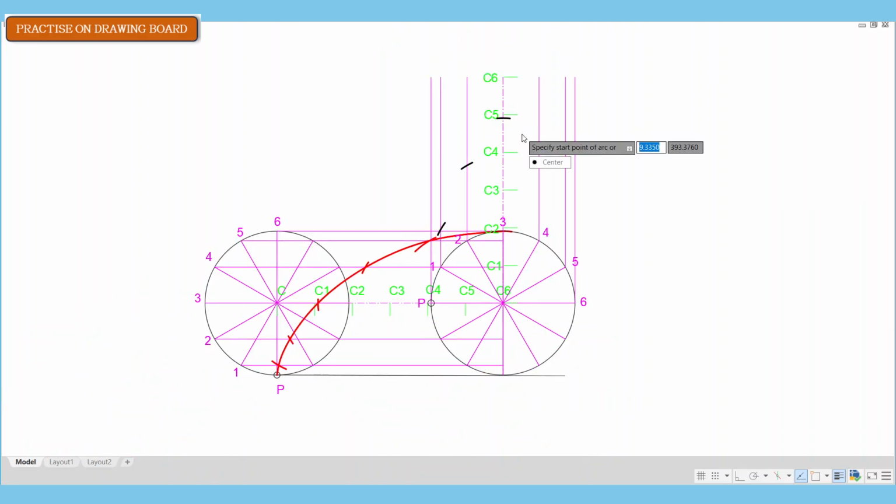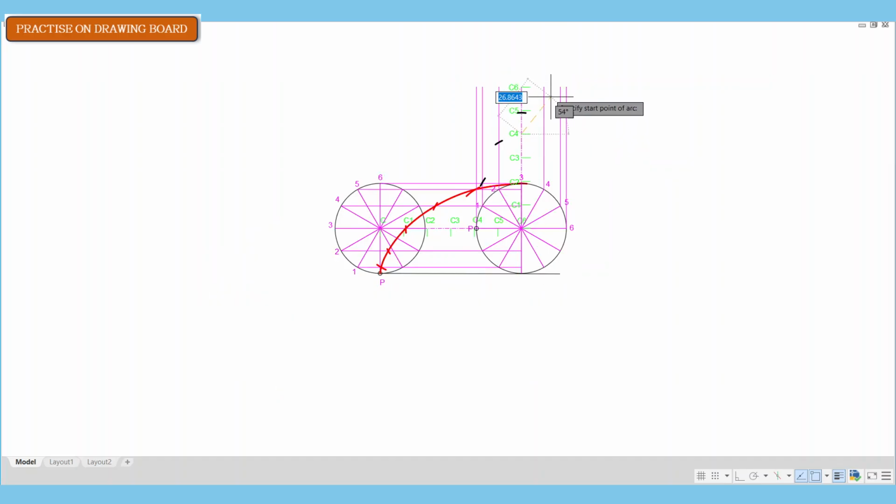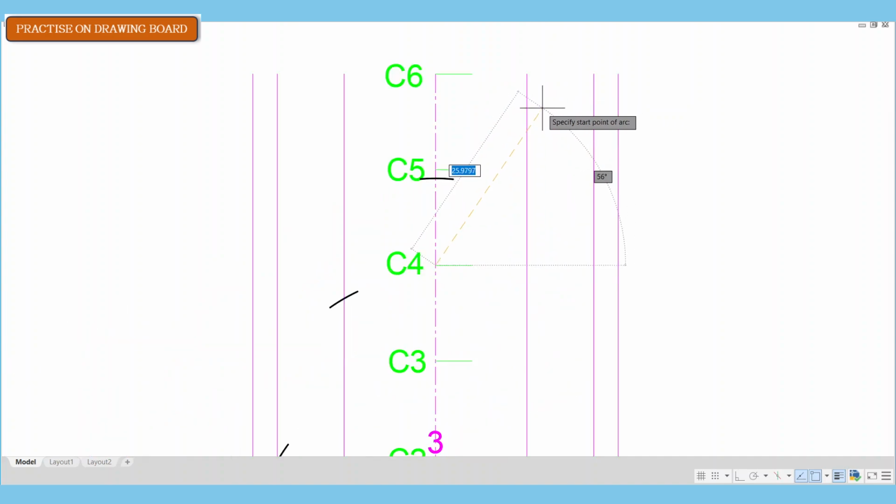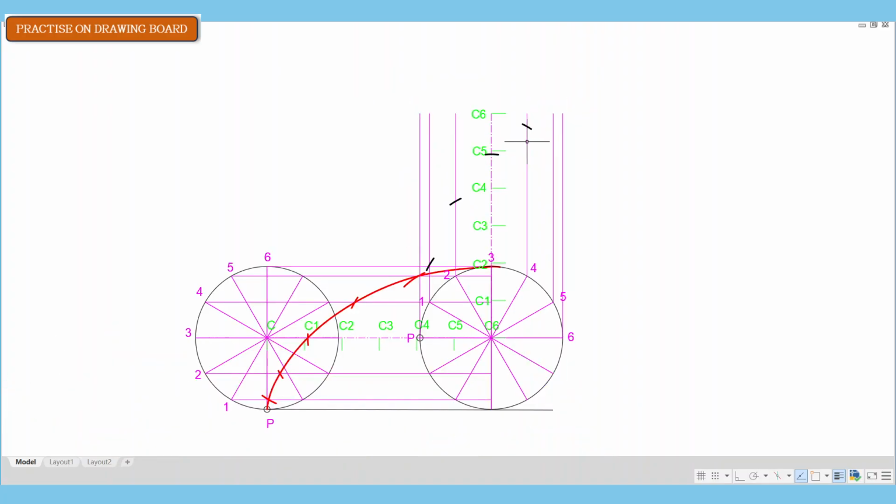We repeat the process. Now we are at center 4. So we look for the fourth vertical line, radius of 25. That's point 4 here.